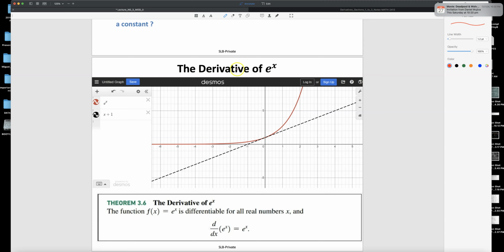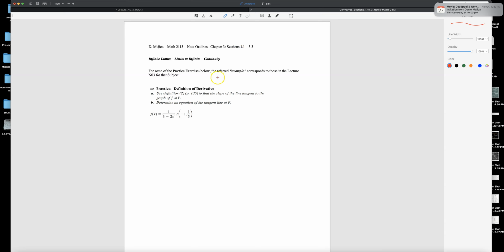Okay, well, before finishing this video, here you will see the lecture notes for sections 1 all the way down to 3 for chapter 3. Okay, remember the dynamic that we follow in our course.